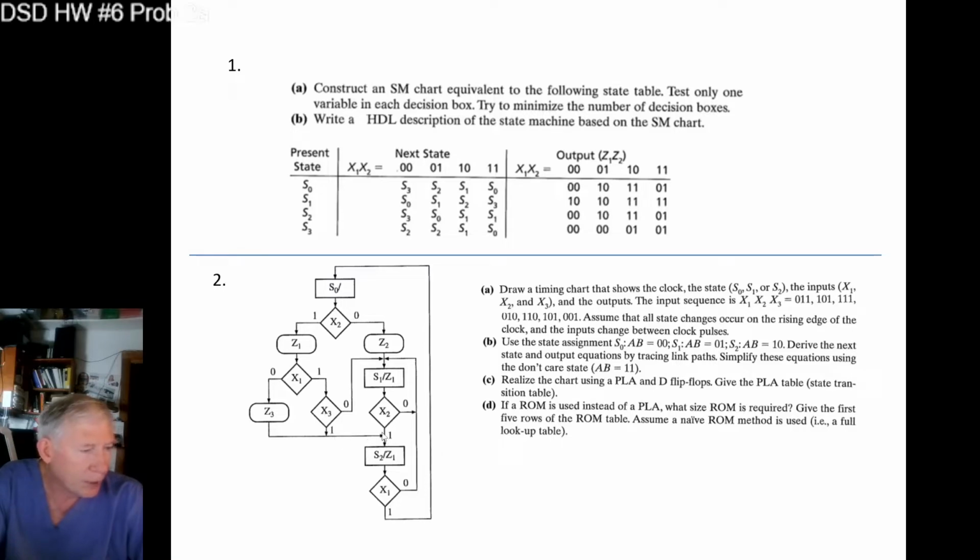So we actually have two different paths that come into S2 from S0. So we have to write both those paths. So it's going to be A prime, B prime, x2 x1 prime, and A prime B prime x2 x1 x3.